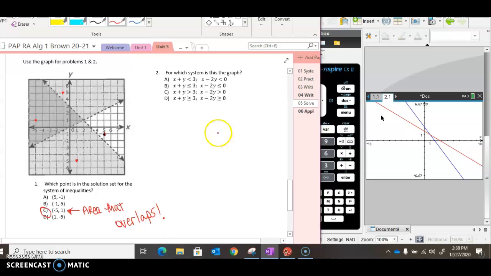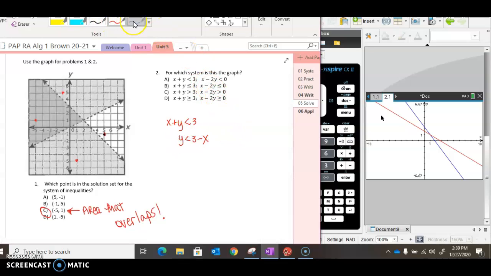All right. So then they want to know which one of these is the system for that graph. We have to solve for each one of these and see which one matches up, right? So the first one we have x plus y is less than 3. This is a lot of work, y'all. So we have y is less than 3 minus x.